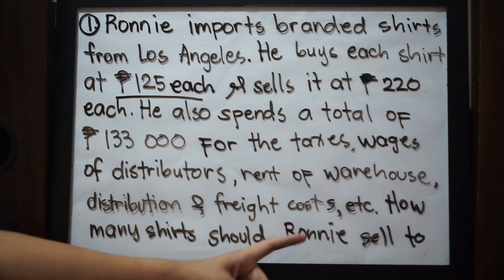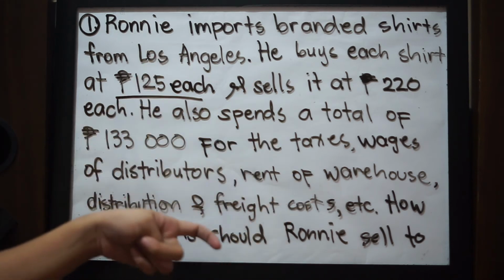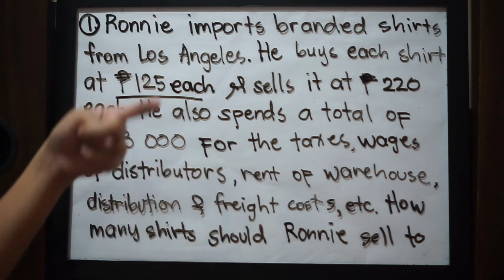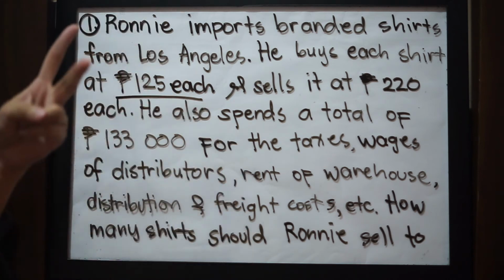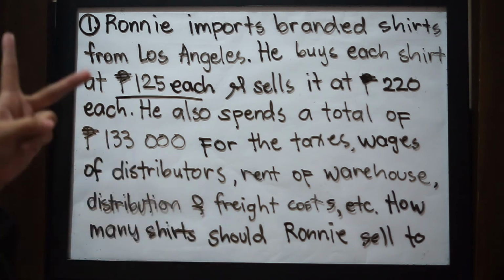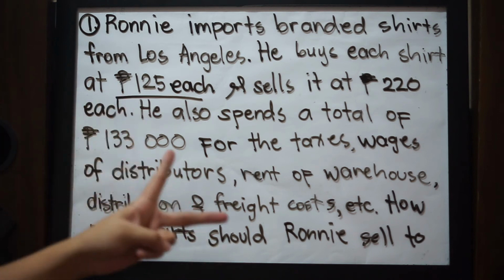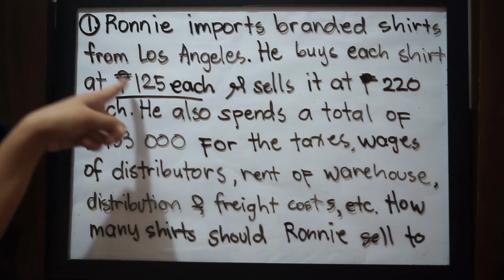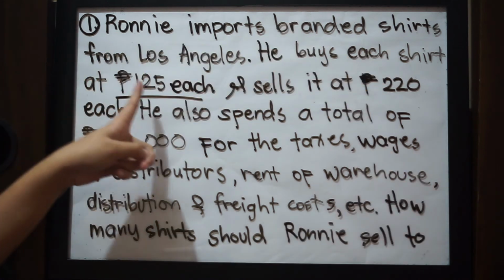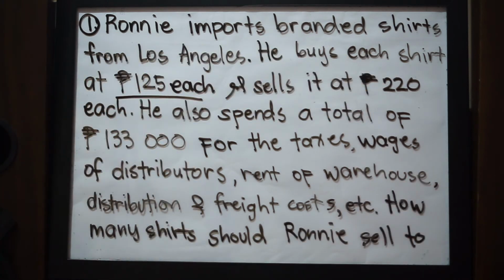Uli, yung variable cost nakadepende sa production or dun sa mismong product mo. Tapos yung fixed cost, hindi nakadepende sa product mo. If ito yung scenario, he buys each shirt at 125 pesos, ano kaya yung 125? Is it a variable cost or is it a fixed cost?